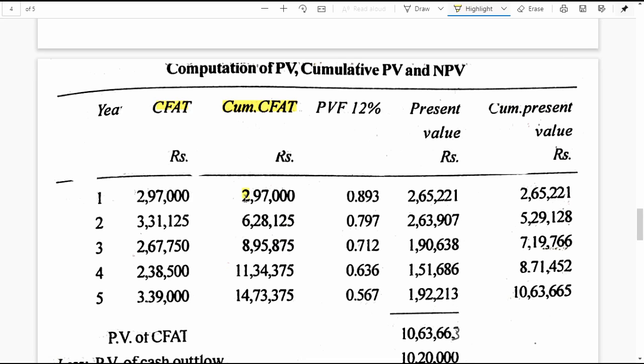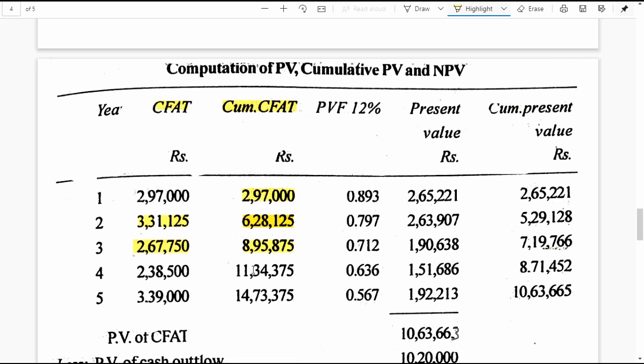First year, the cumulative cash inflow comes to 2,97,000. Second year, it becomes 6,28,125. How it becomes 6,28,125? 2,97,000 plus 3,31,125 gives us this figure. And the third year cumulative cash inflow, how it is computed? 6,28,125 plus 2,67,750 gives us 8,95,875.